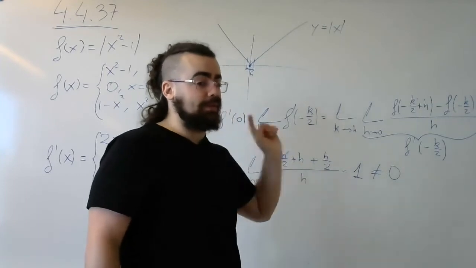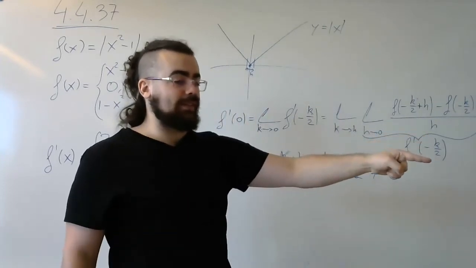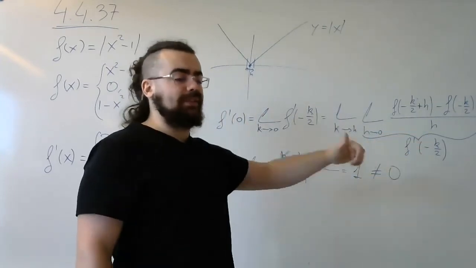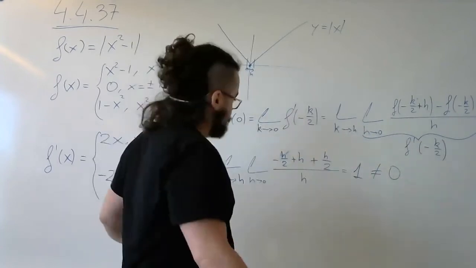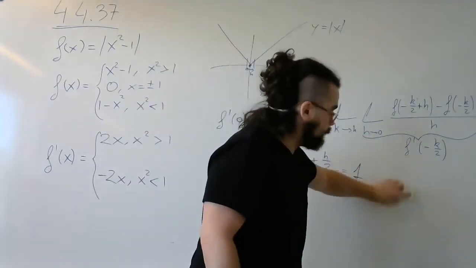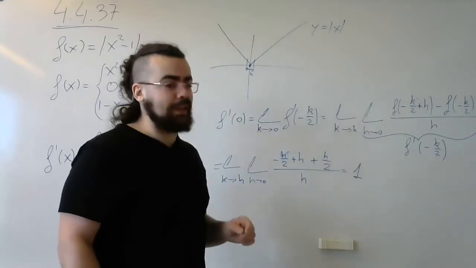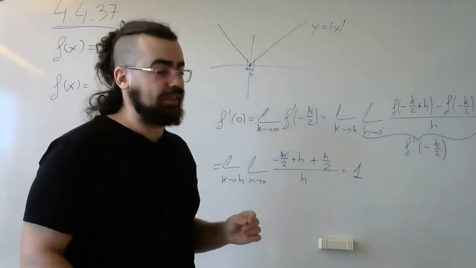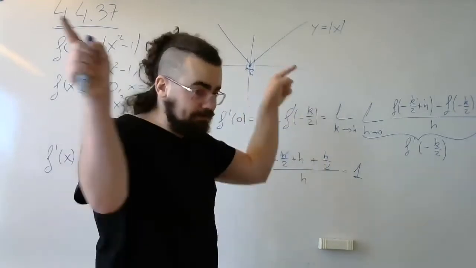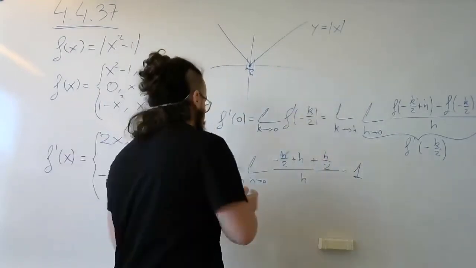So the limit that defines the derivative coming from one side, and the limit that defines the derivative coming from the other side are different, which means the limit at the point is not defined. So these peak points have no derivative.